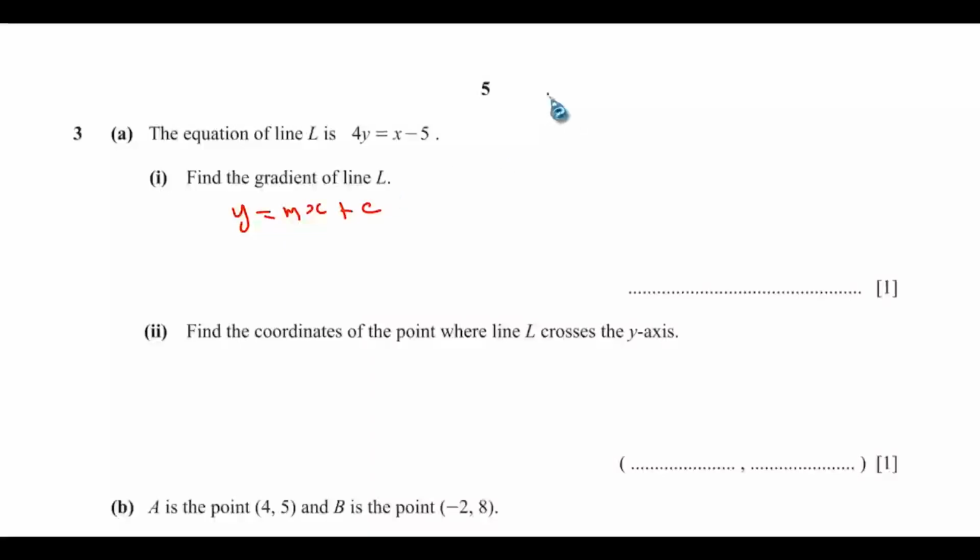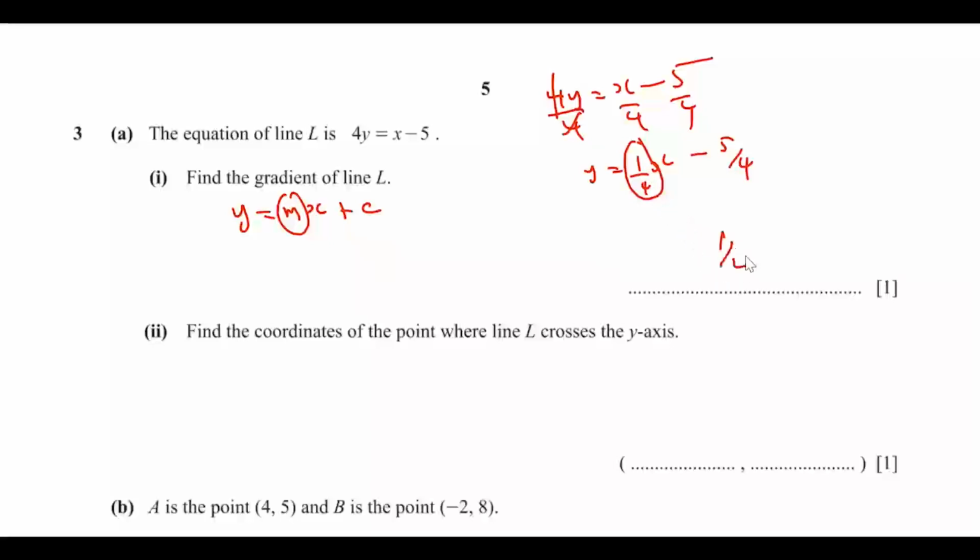So from here, 4y is equal to x minus 5. So we need to divide through by 4, so that y will be equal to 1 over 4 x, then minus 5 over 4. So if you compare this with the general equation of a straight line, m is the gradient and 1 over 4 is m. So that means the gradient is equal to 1 over 4.